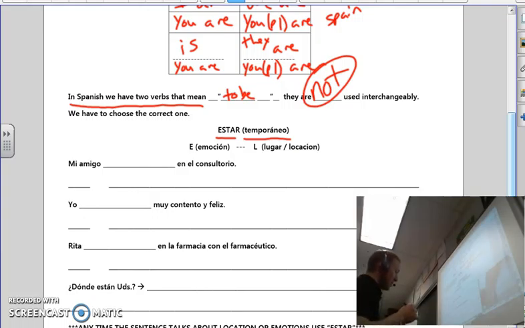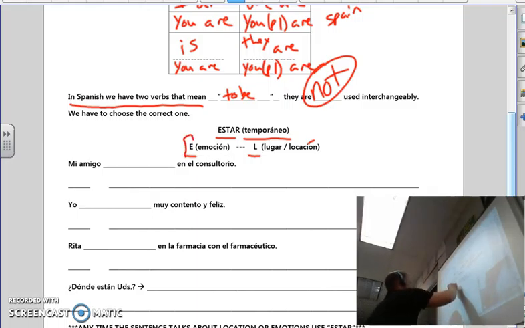Not all the time is that true, but a lot of times it is. So here we go. We also have emoción y lugar, or location. Should be an accent on the O. So we're going to go through some examples. We're going to label whether this sentence deals with emotion or location. And that's when we use estar.